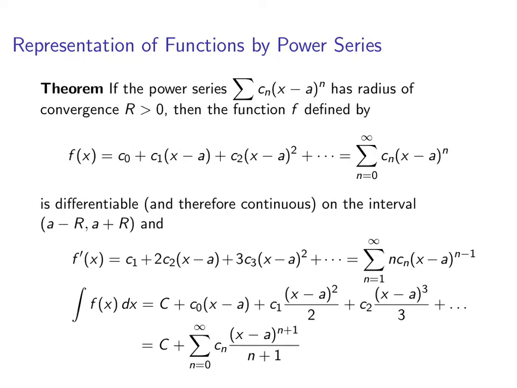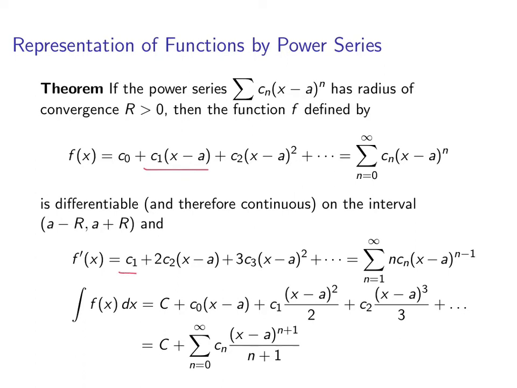So the theorem says this, that if I start with a power series with a positive radius of convergence, then I take this series, I can differentiate it term by term. That is to say, I can take the derivative. And if you take the derivative, well, what is the derivative of c1 times x minus a?